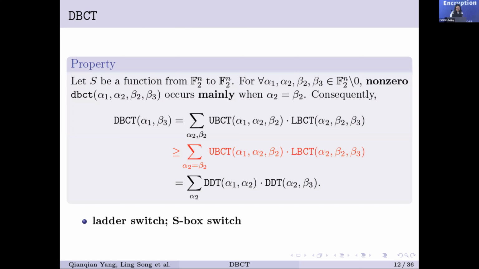In DBCT, the lower DBCT occurs mainly when alpha 2 is equal to beta 2. So we can also use DDT to replace DBCT.